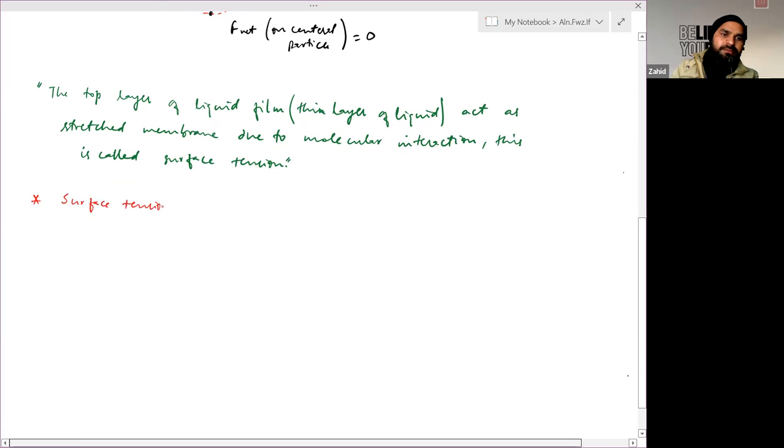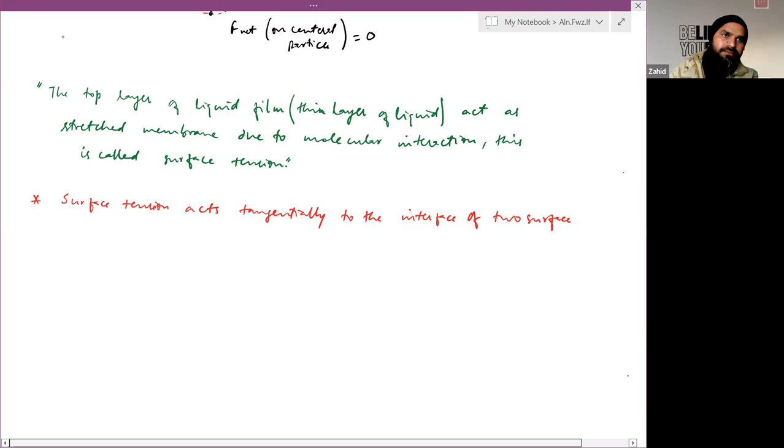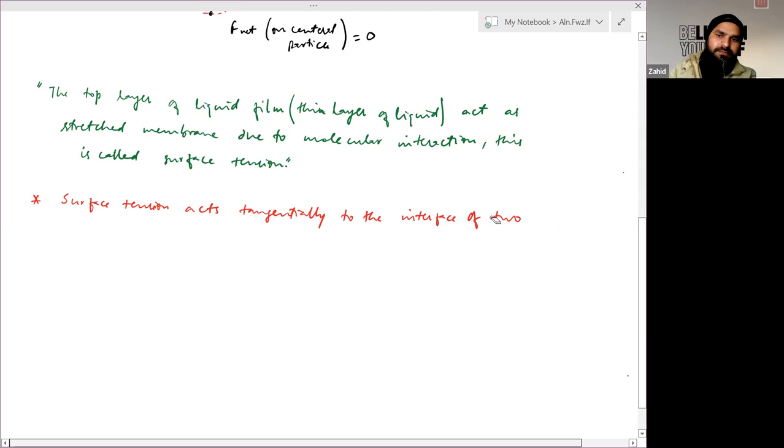Surface tension of a particular liquid is directly proportional to cohesive force.